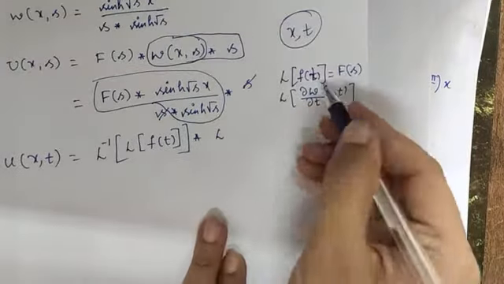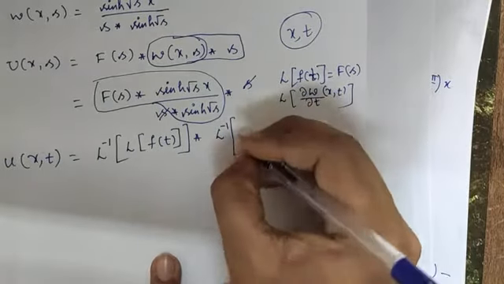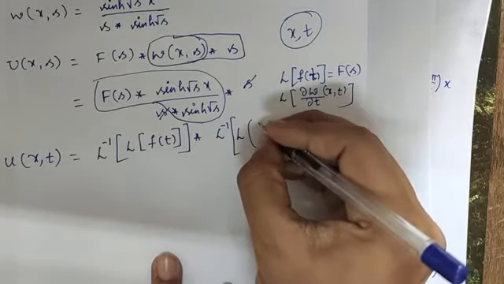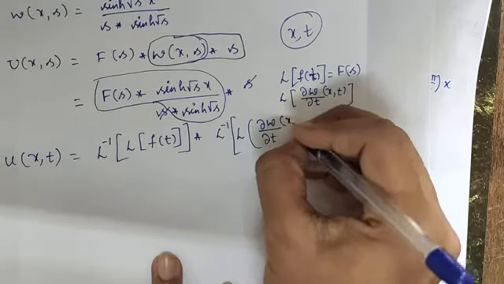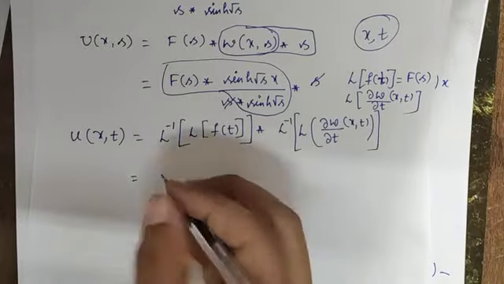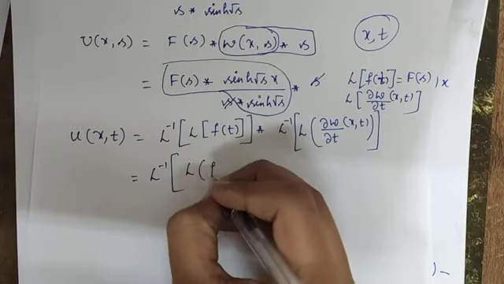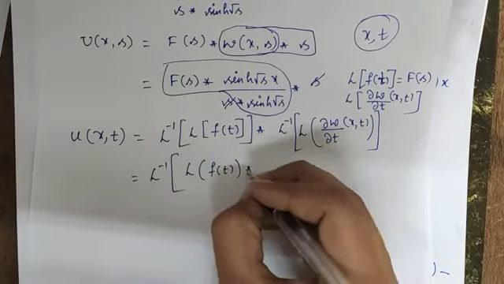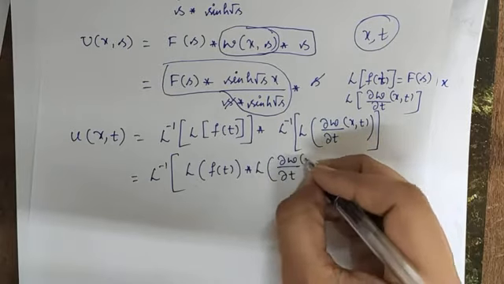This is nothing but Laplace inverse of Laplace of f of t into Laplace of dou omega by dou t of x comma t.